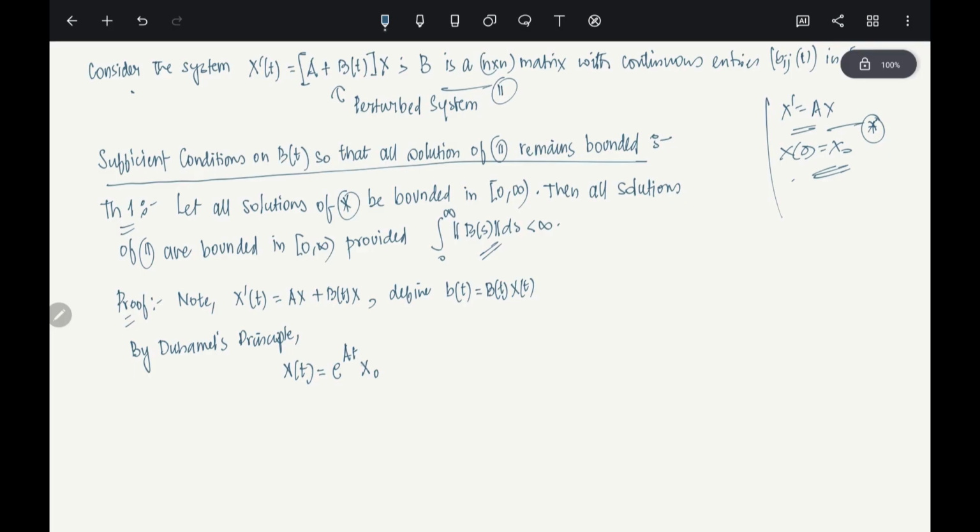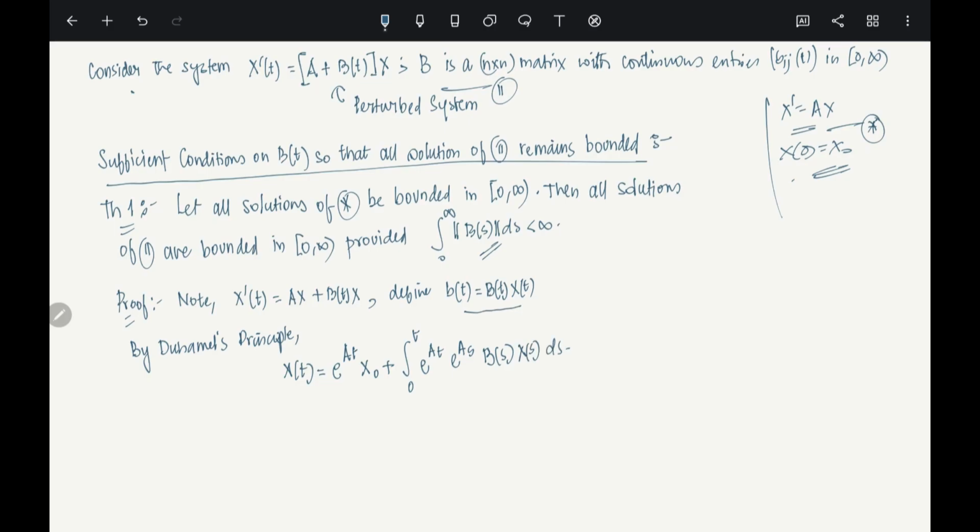So x of t equals e to the power At times x naught, the solution of the homogeneous problem, plus, you remember the next part, the integral from 0 to t of e to the power A(t minus s) b(s), this term, x of s ds. Yeah, I can write it like this.